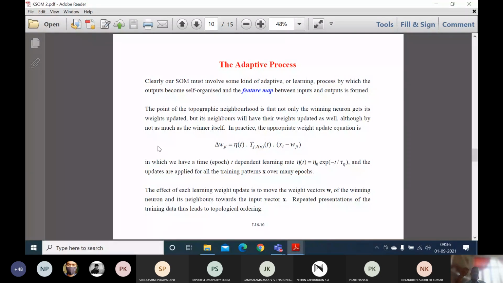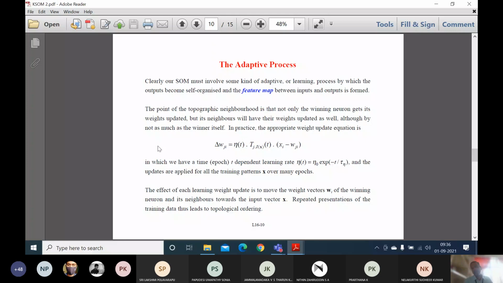Even the neighborhood, for example the top, bottom, left, right and diagonal positions, which may be considered as the 8 neighborhood, have their weights updated. So the next time they may take part in the competitive procedure and may be considered as winners for the subsequent iterations.